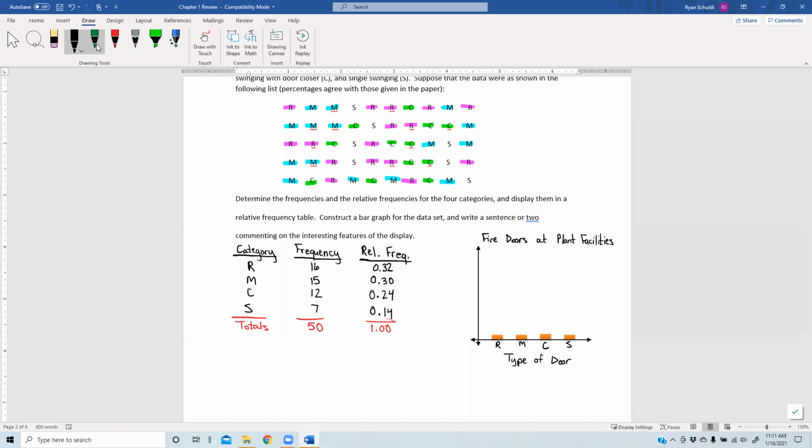And then we need our vertical axis. So looking at our table, our lowest is 0.14, the highest is 0.32. So we at least need to have tick marks that go up to 0.3. That's just bare minimum. So let's see what we can do here.